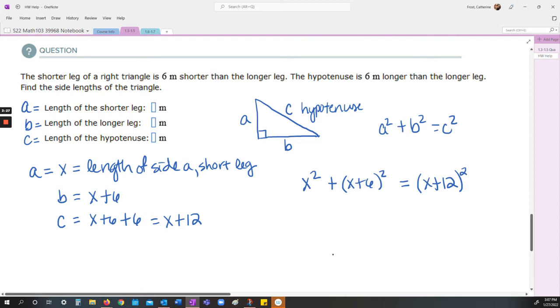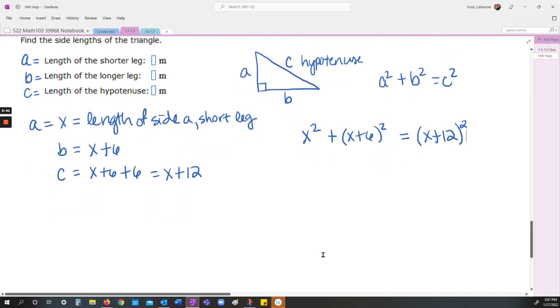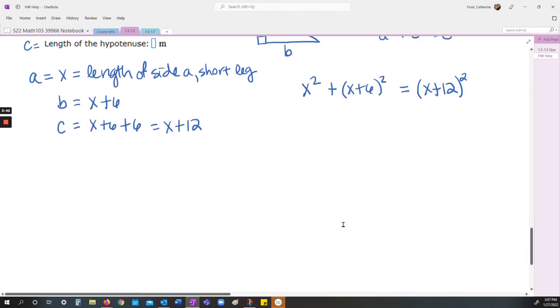Okay, so now we have to solve this. I'm trying to think if there might be a clever way to do it without having to multiply everything out, but I don't think there is. So let's just go ahead and multiply it all out. I'll just FOIL everything out.